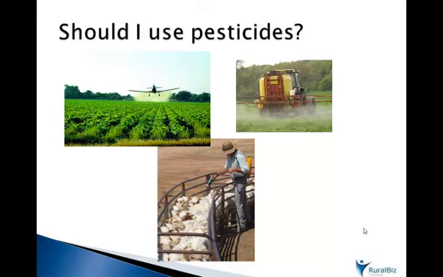The question, should I use a pesticide, is one of the first things you should ask yourself when looking to control a pest. So when planning a pest control program, we need to consider not only how it will reduce pest numbers, but what impacts the program will have, particularly on our environment and also on our back pocket.